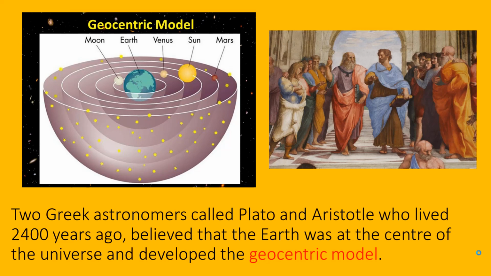What is the geocentric model? It depends on the Earth being at the center of the universe, and the moon is revolving around the Earth, then Venus revolving, then the sun revolving, then Mars, and so on. So the Earth is fixed and at the center of the universe, which is not true.